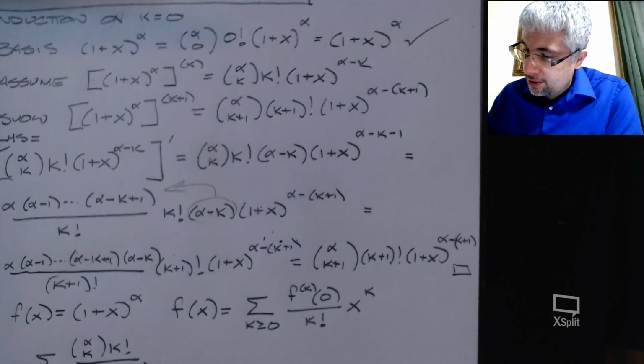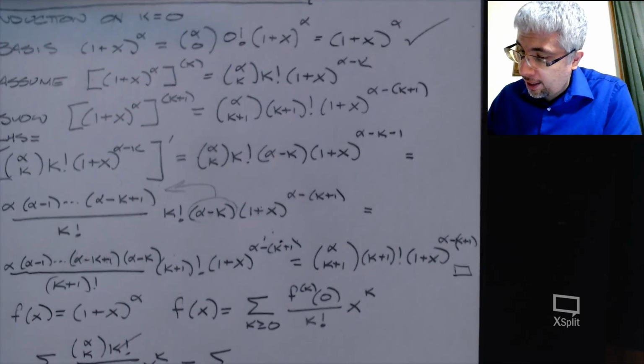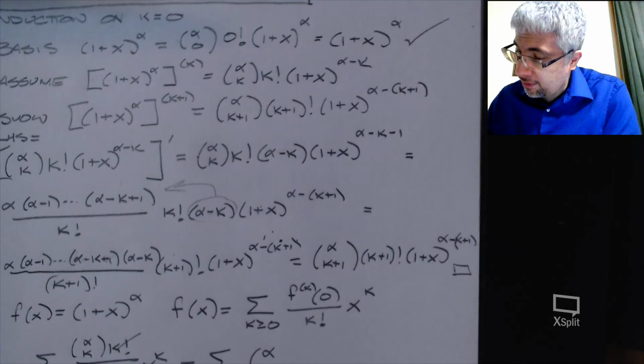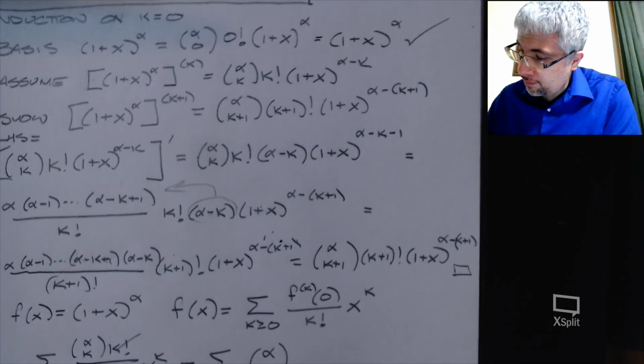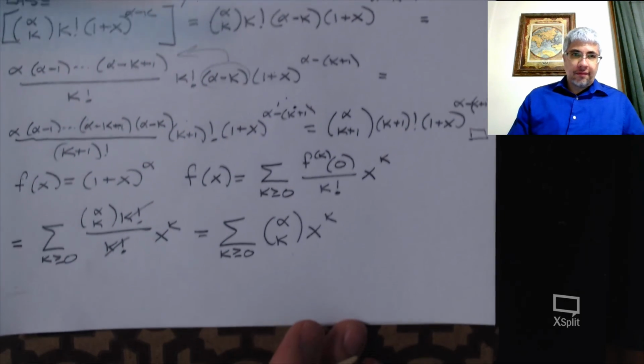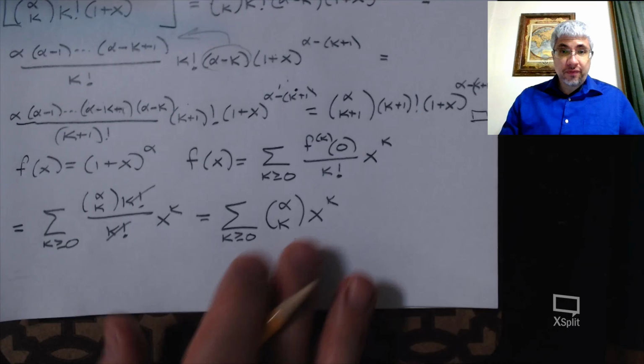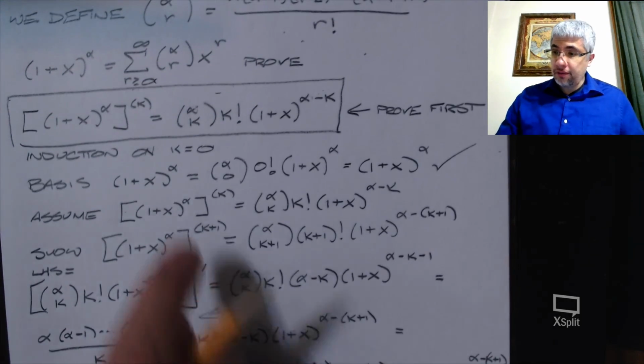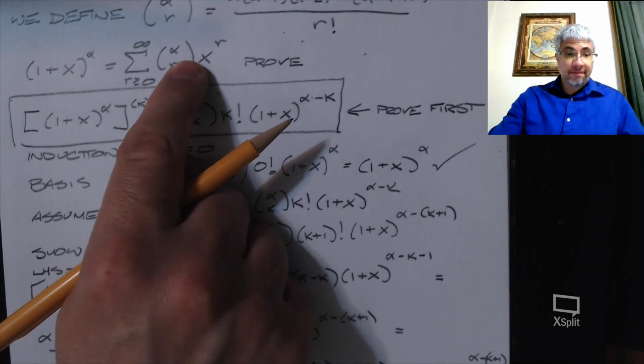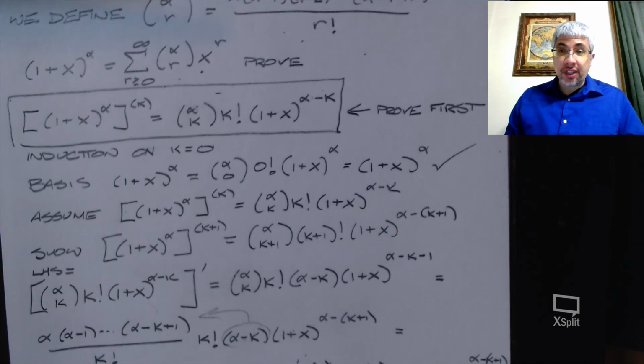And now this is that. And then look what happened. I am done. So that is a proof of this statement right here, and the proof of the generalized binomial theorem.